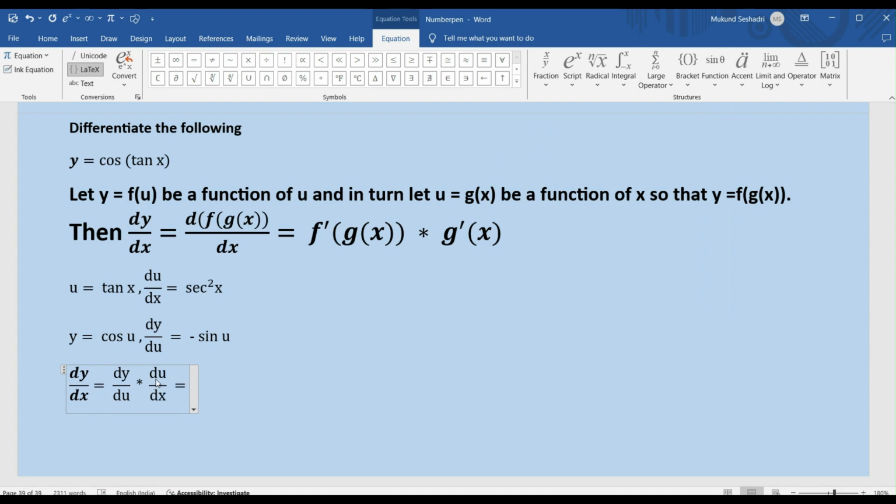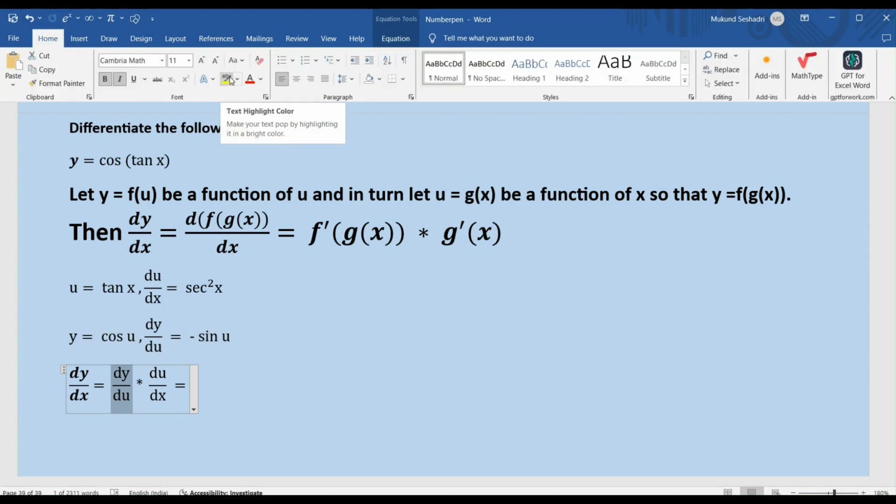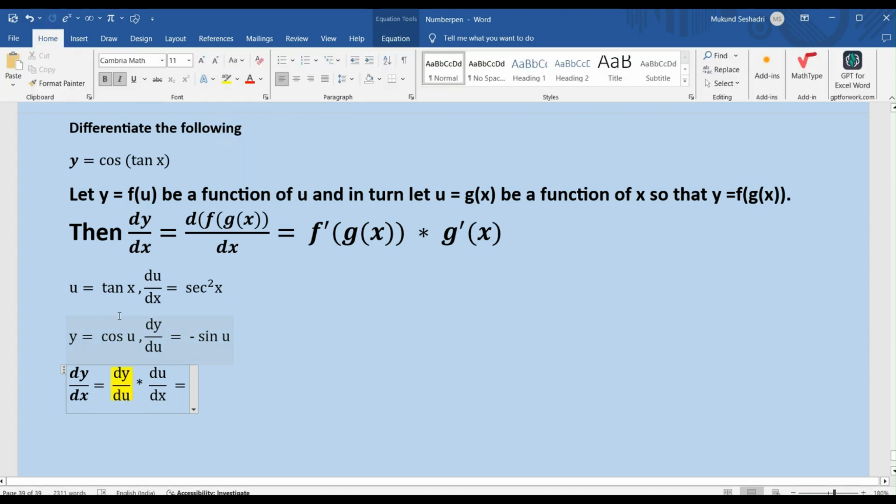So what is my dy by du? I already have it, it is minus sine u. So I write minus sine u.